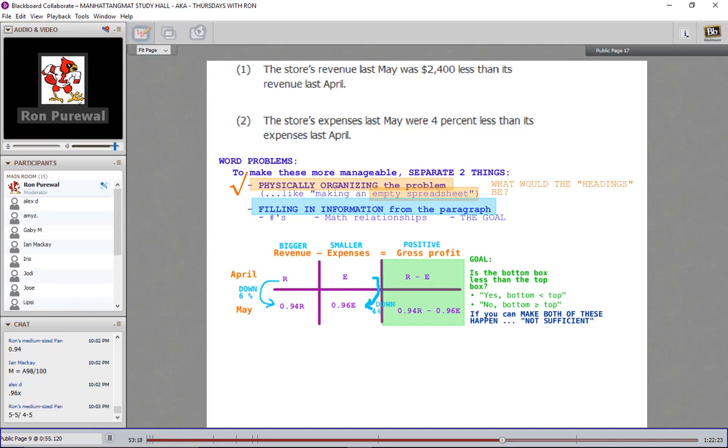You could try plugging in numbers. Everybody's got an intuition about it. Let's say that last year you made a certain amount of money and you paid a certain amount of taxes. And this part right here is like saying we made 6% less than we did last year.